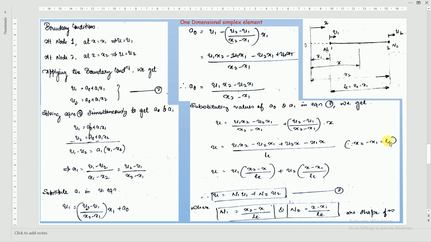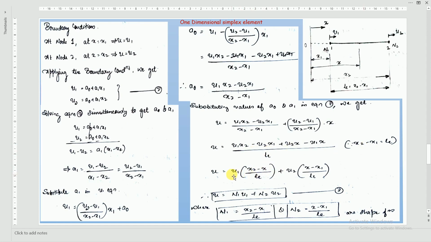Now rearrange this. So u1 x2 as it is minus u2 x1 as it is, and this you multiply: u2 into x minus u1 into x. Now you have to take common u1 and u2 separately, and write divided by LE for both.